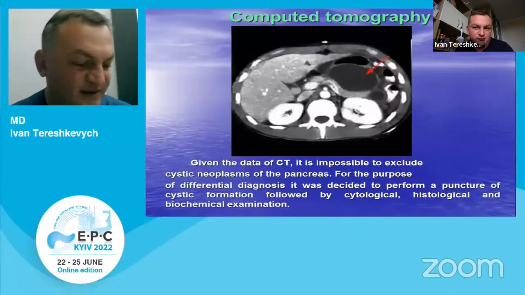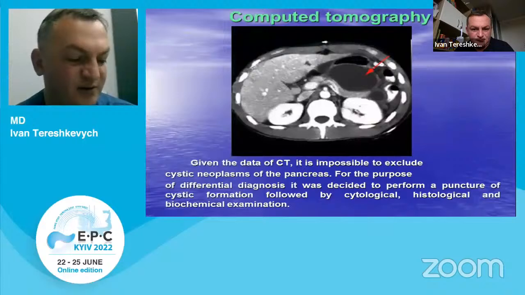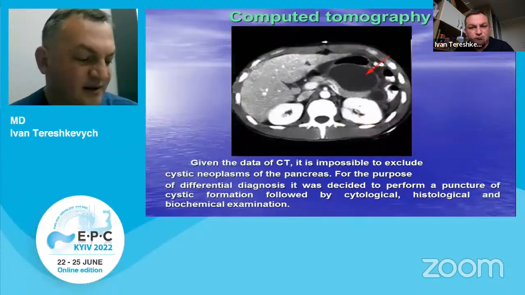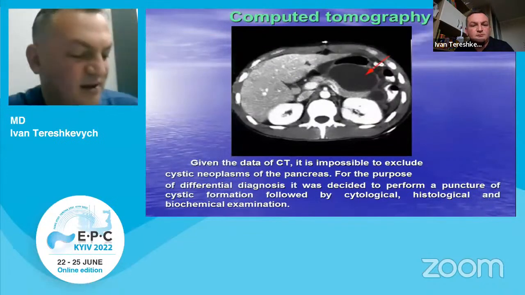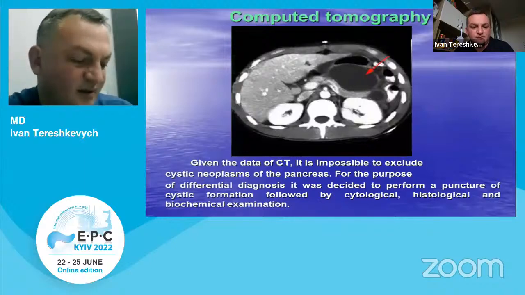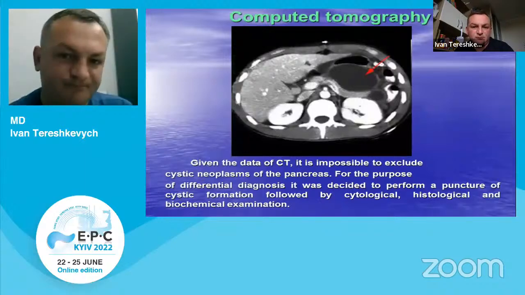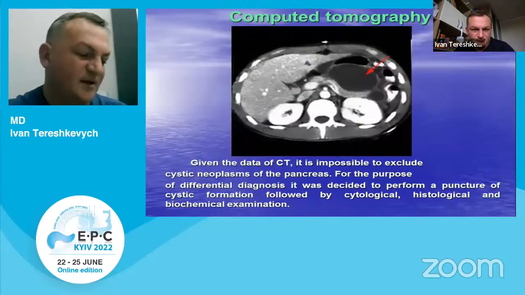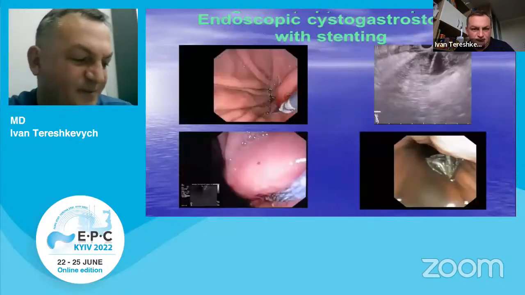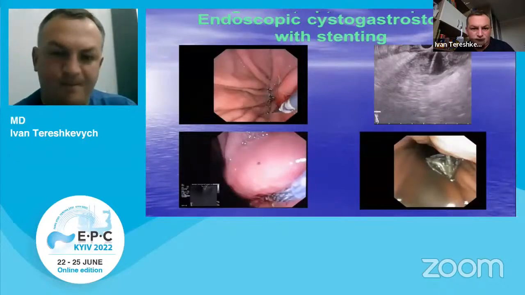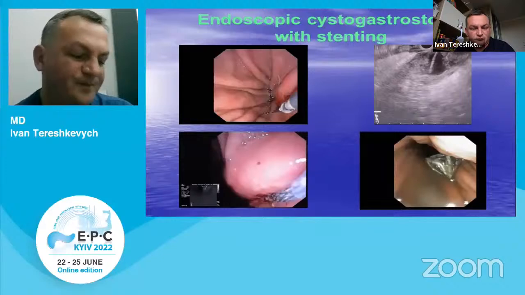Before stenting, a puncture of the fluid collection was performed, followed by biochemical, cytological, and bacteriological examination. The slide presents the main stages of cystogastrostomy with stenting, with a metal stent and removal of sequesters.